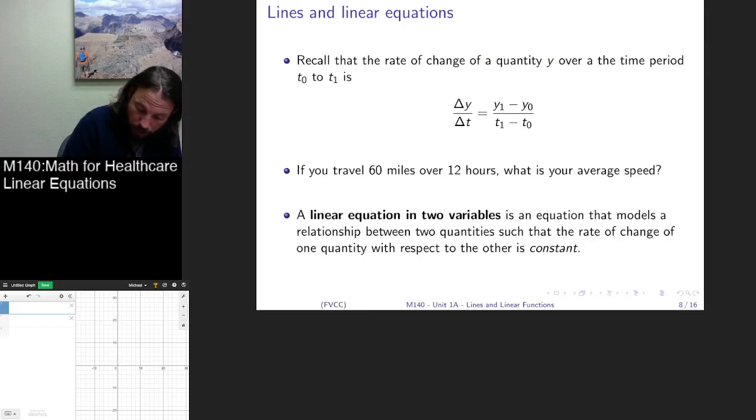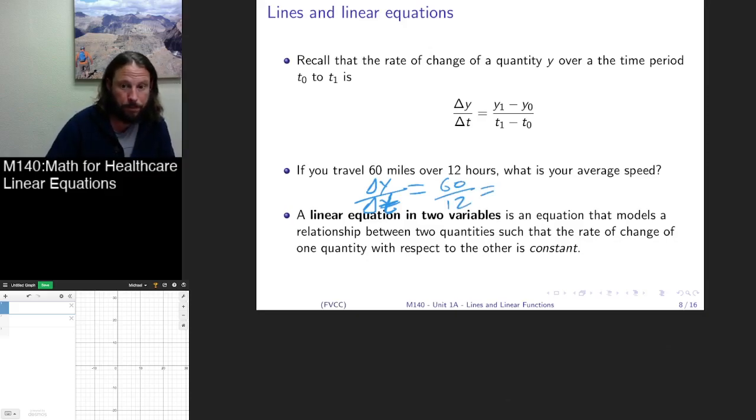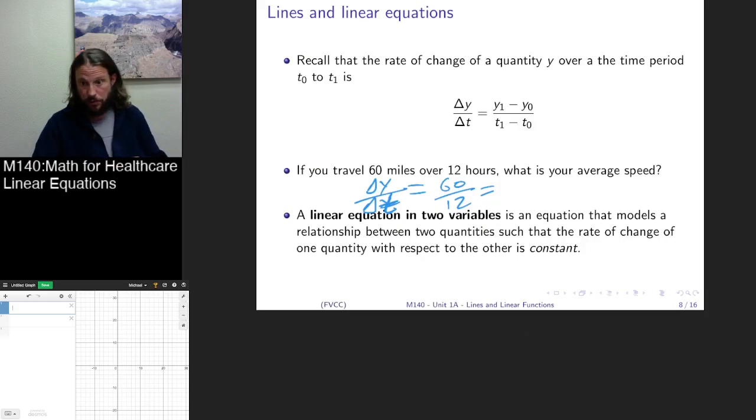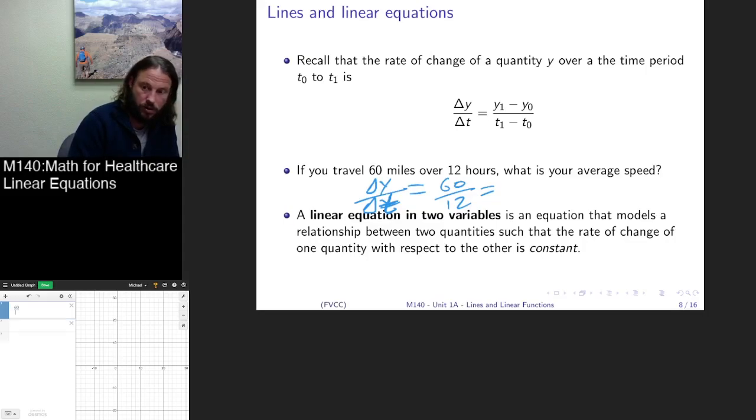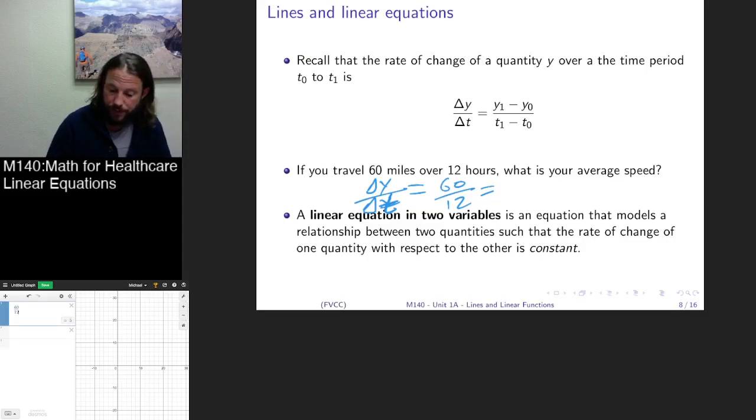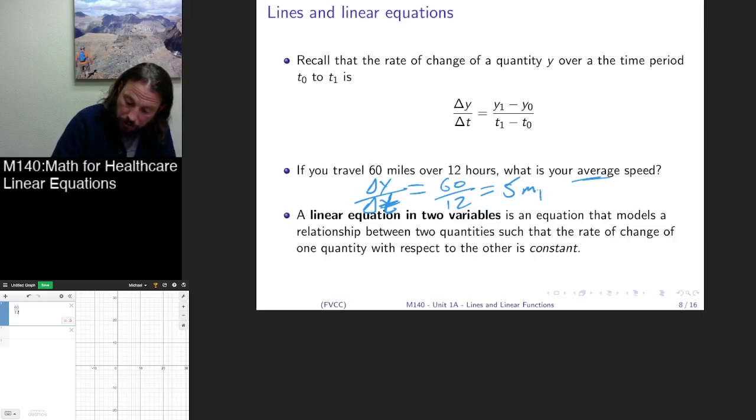So the change in y over the change in t is equal to 60 over 12, which is 5. And notice it's your average speed, and that's 5 miles per hour.